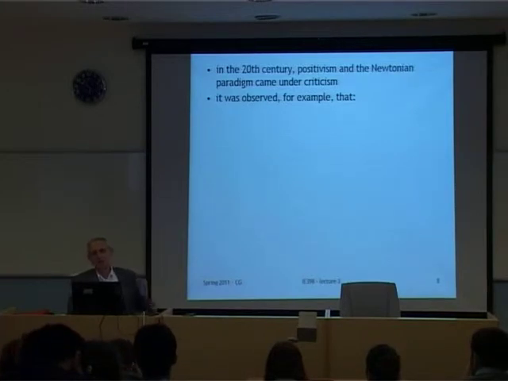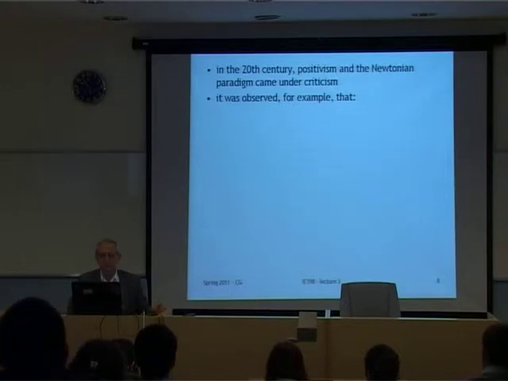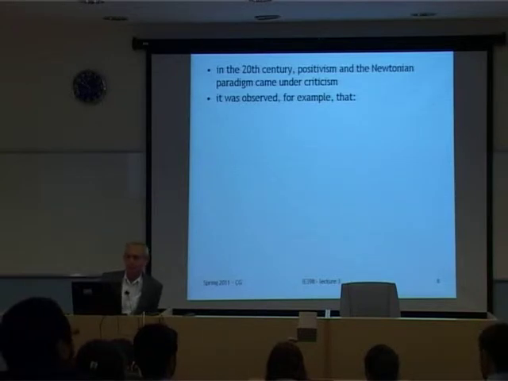About the beginning of the 20th century, things started to change. This belief in science, this confidence that science would take us to true knowledge, started to be questionable because of several developments.